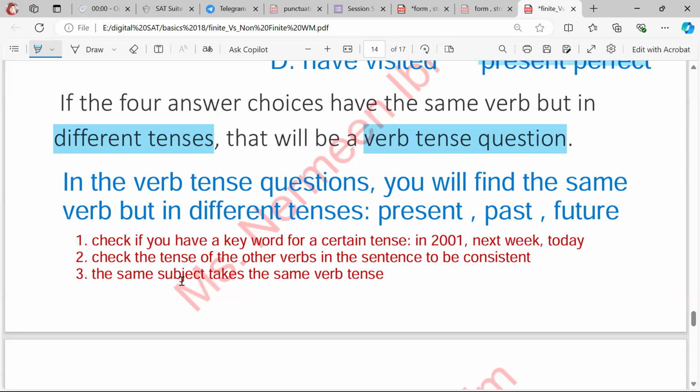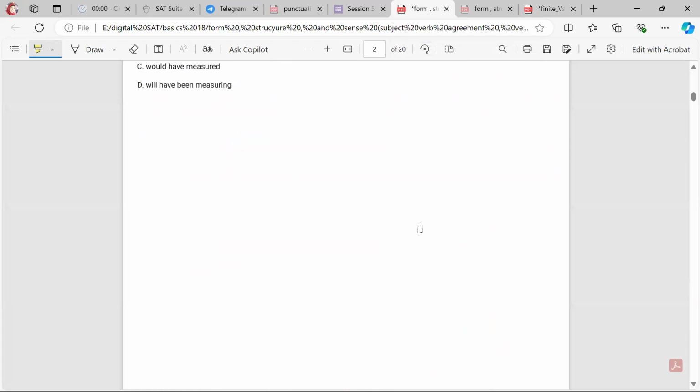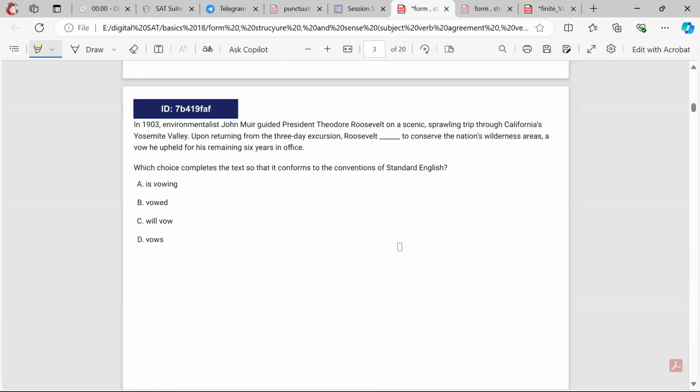I didn't say she plays tennis and acted. No, wrong. Is it clear? Right. Let's go for a question. I will choose a question that you can handle clearly, then I'll come back to the tricky one. Look here.